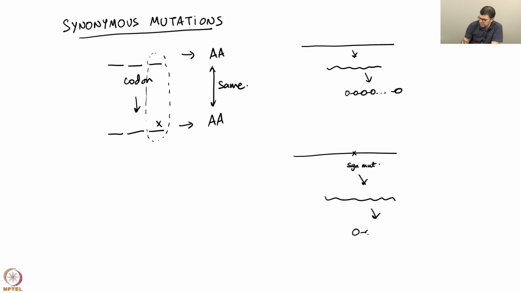While this DNA sequence and this DNA sequence are different because of this mutation, and this mRNA sequence and this mRNA sequence are different because of this mutation, at the amino acid level, because this mutation was a synonymous mutation, there is no difference between the identity of the amino acid chain in this case and in this particular case.